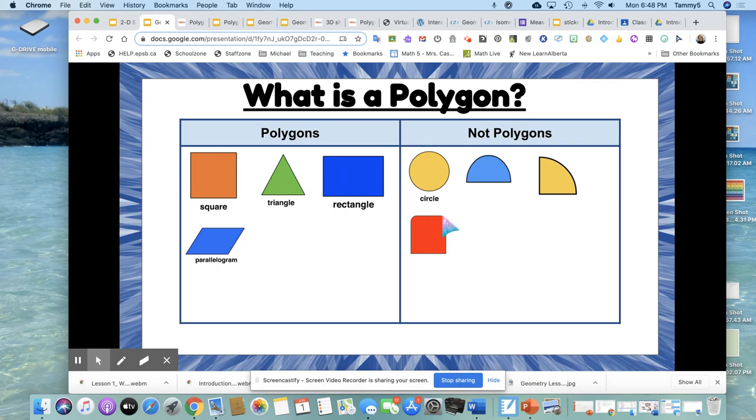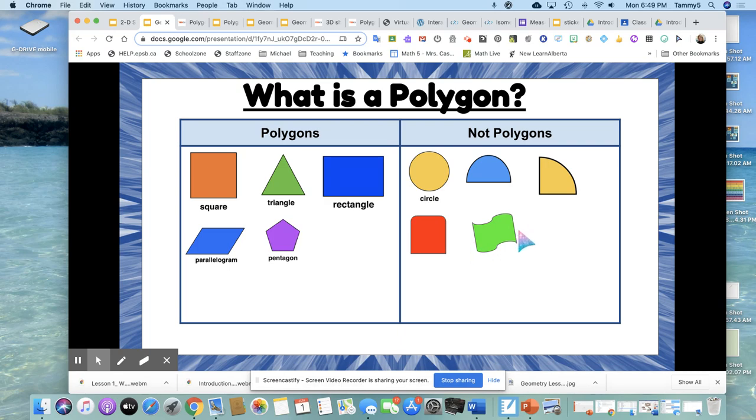They're actually rounded. You should be thinking to yourself, I'm starting to see a trend. A pentagon is another example of a polygon, but this shape here is not a polygon.